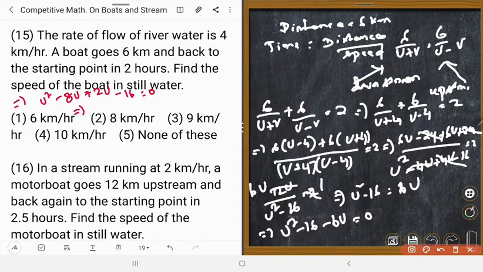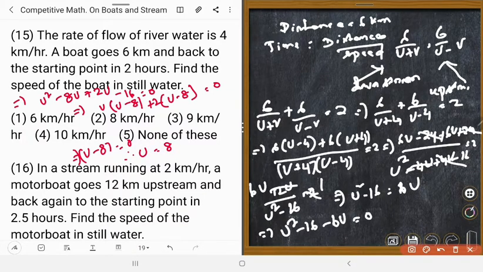Implies that u into u minus 8 plus 2 into u minus 8 is equal to 0. Therefore u minus 8 is equal to 0. Therefore u is equal to 8.